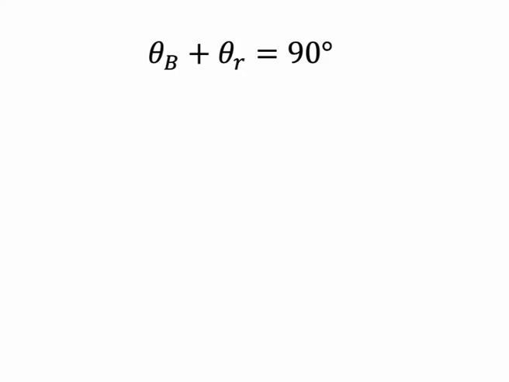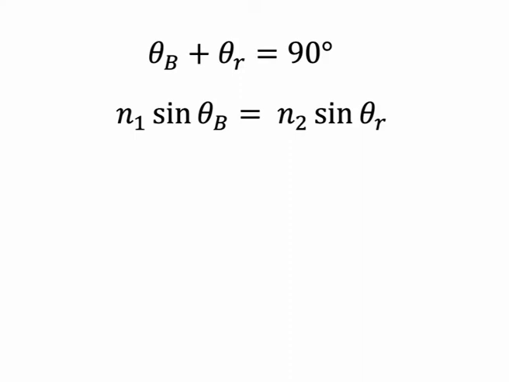The two angles can also be related with the law of refraction equation, arbitrarily assigning subscripts to the material through which the incident and reflected rays travel. We have n1 sine of theta b is equal to n2 sine of theta r.